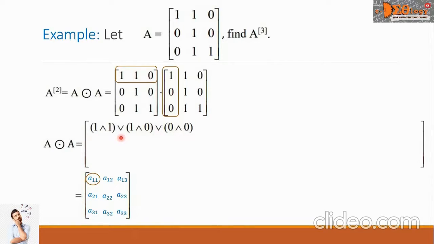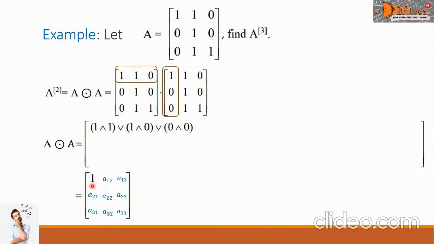If we find a resulting value of 1 to any of these operations, then the full value here will be equal to 1. So 1 and 1 is 1, 1 and 0 is 0, 0 and 0 is 0. Because there is a value of 1 on this operation, the full operation here will be equal to 1. And that will be the value of A sub 1, 1.